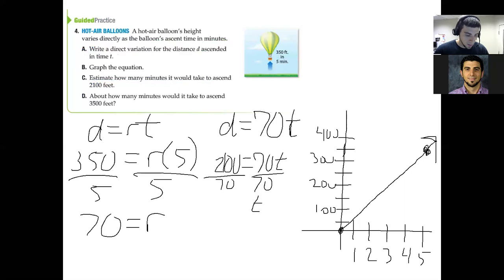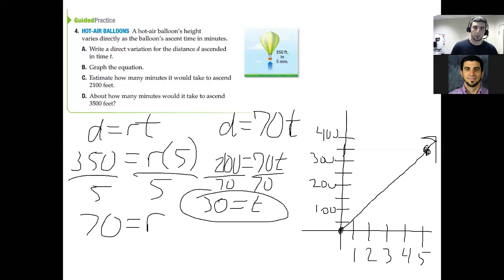And you get t equals 30. Again, I did in my head 21 divided by 7 is 3, but it was 2,100 divided by 70, which would give you 30, not 300, not 3,000 or anything like that. So it would take 30 minutes for the hot air balloon to ascend 2,100 feet.